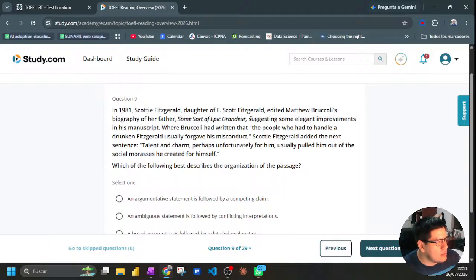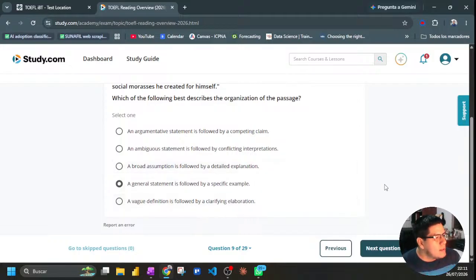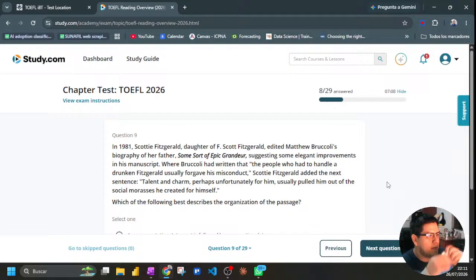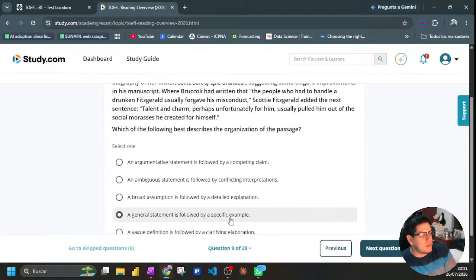Daughter edited. People who had... competing claim, a general statement is followed by example.